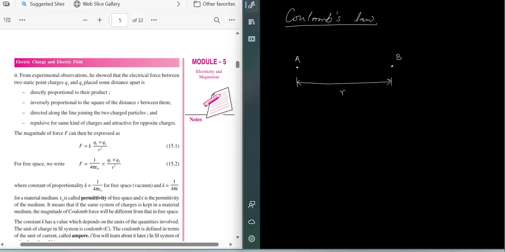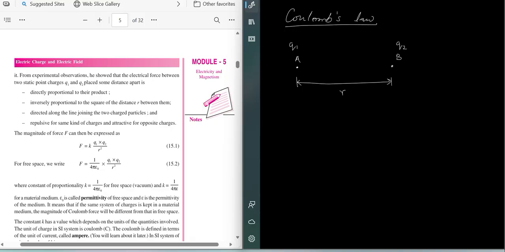R can be 1 meter, 1 kilometer, 1 centimeter, whatever. They are attracting each other if they are of opposite nature, one positive and one negative, and repelling each other if they are the same kind, both positive or both negative. Let us say the charge on A is Q1 and the charge on B is Q2.